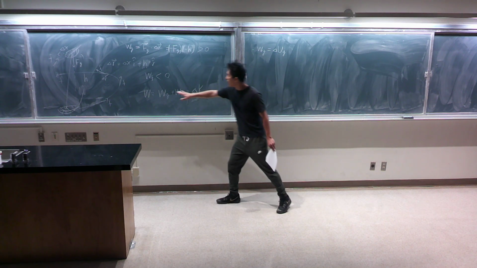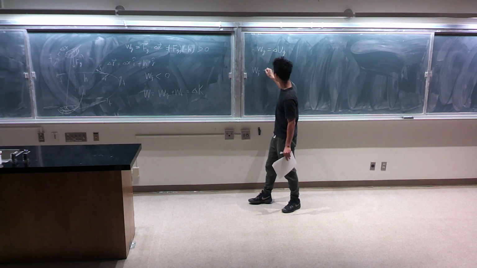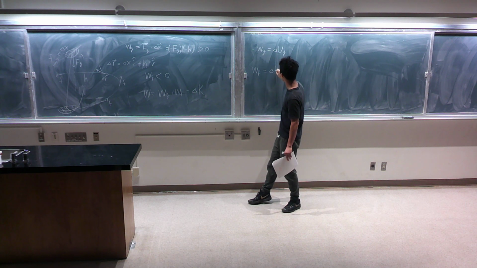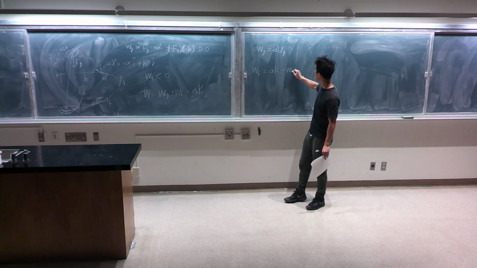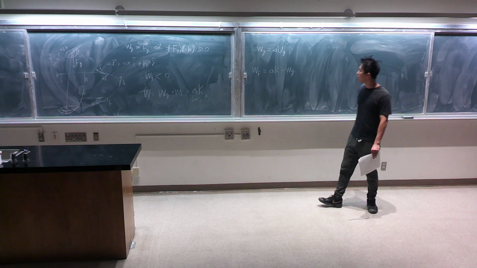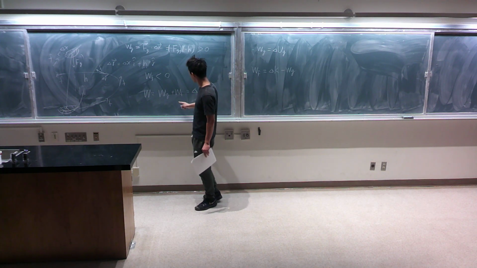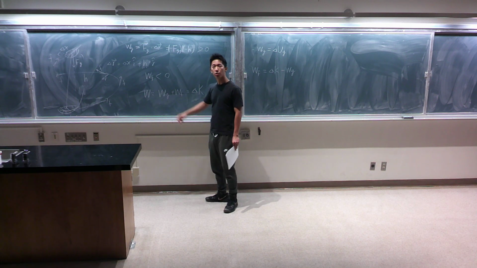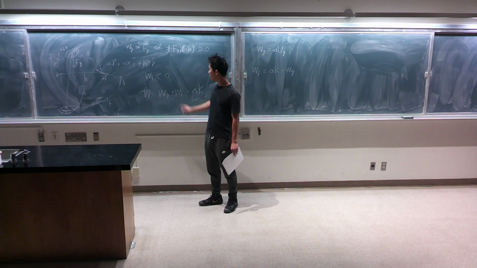To do that, I move it to the other side and get the work done by friction will equal the change of kinetic energy minus the work done by gravity. Okay? I'm moving it to the other side because these two are very different. This is very easy to compute. It only depends on the initial and final height. This is hard. They are very different.